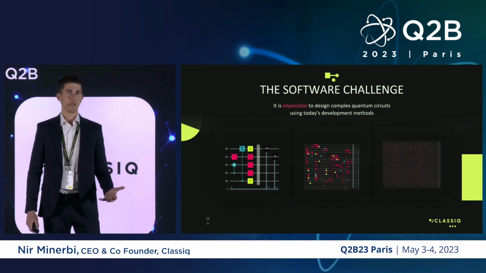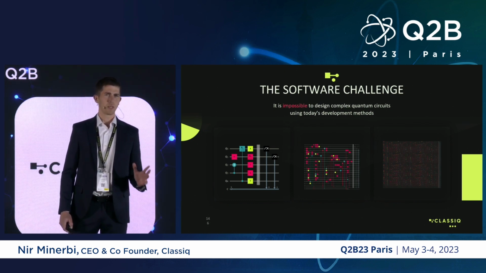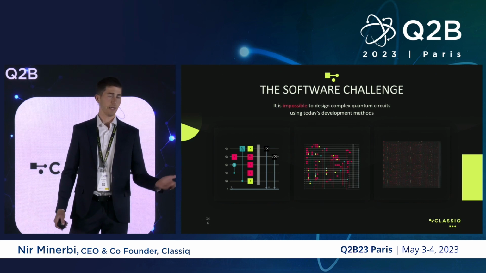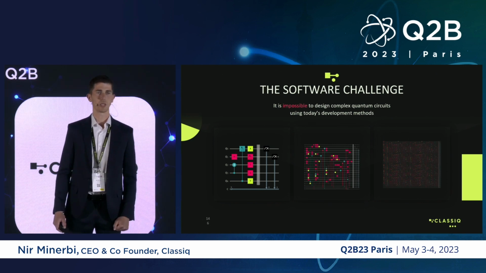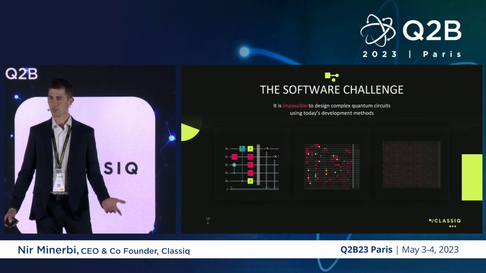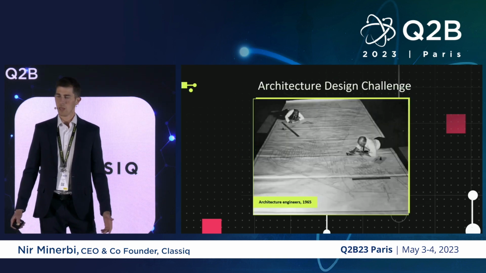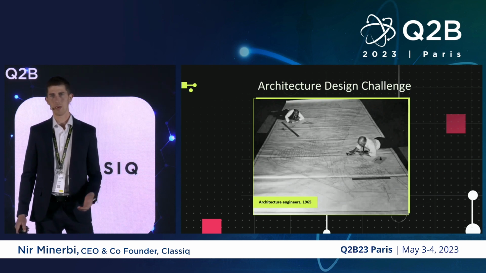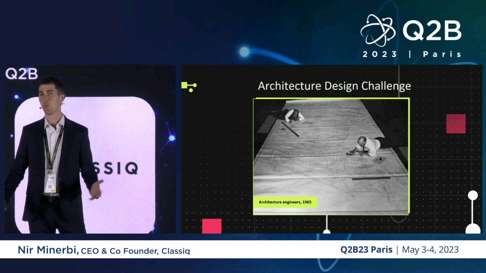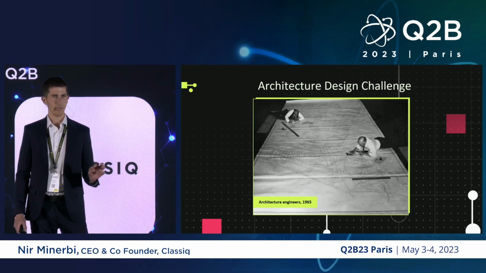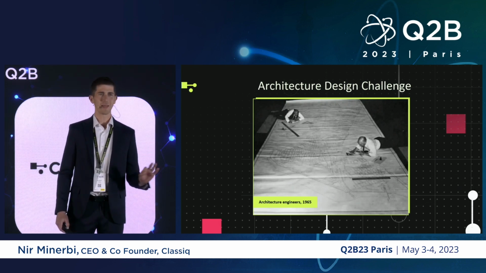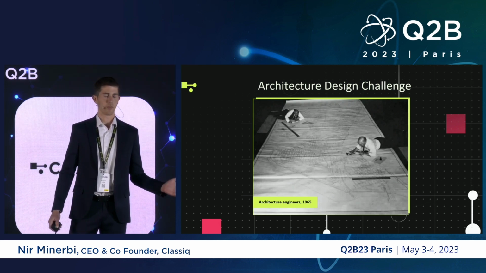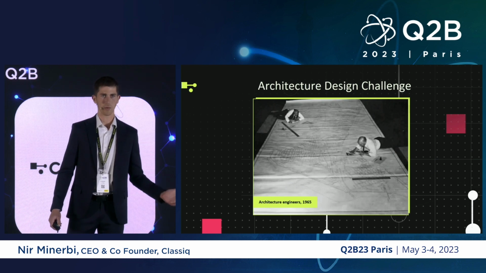So when solving this problem, we started by looking at the history of similar design challenges that were already solved. Let me give 2 examples. One of them would be engineering. Like 60 years ago, when engineers needed to design a bridge, for example, they needed to take care of every tiny detail, which took a lot of time, months, even years, and a lot of expertise.